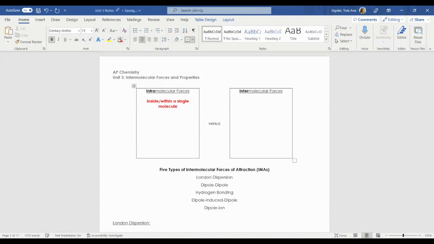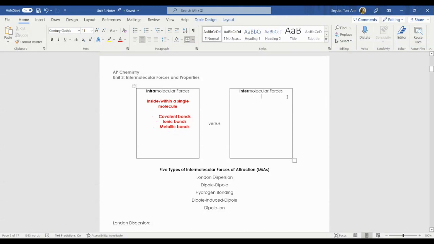Typically these are going to be, for example, your covalent bonds, your ionic bonds, and your metallic bonds. Everything that we've talked about in Unit 2 are your intra, because remember, that's what the prefix intra means. It's inside or within. They're what's holding the atoms together within a single molecule.